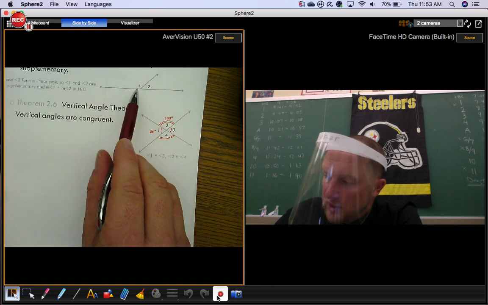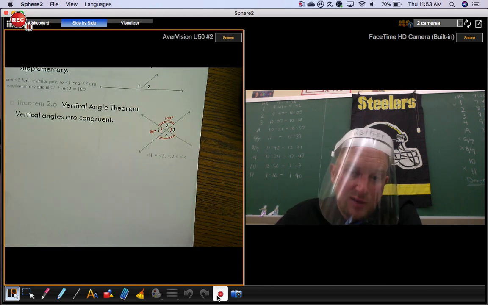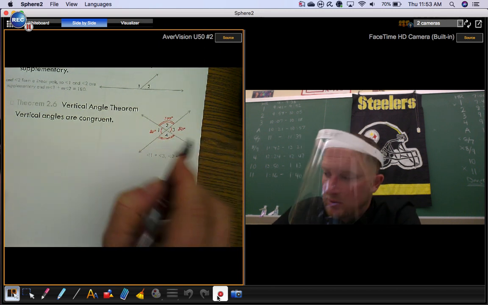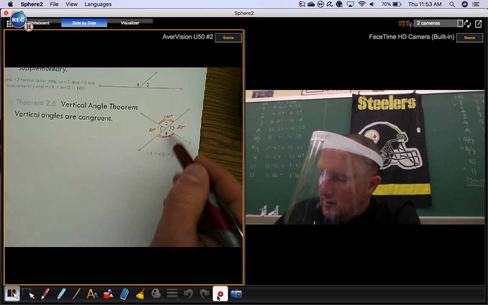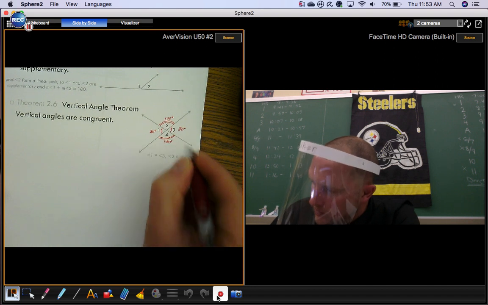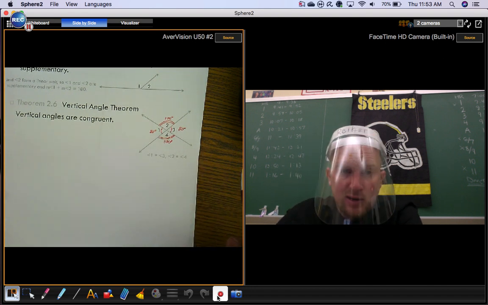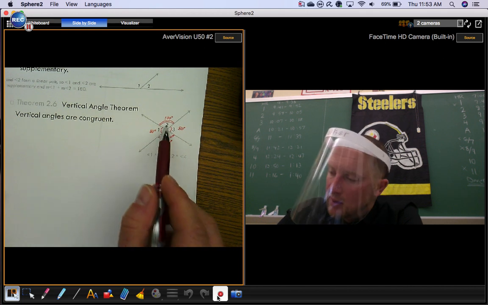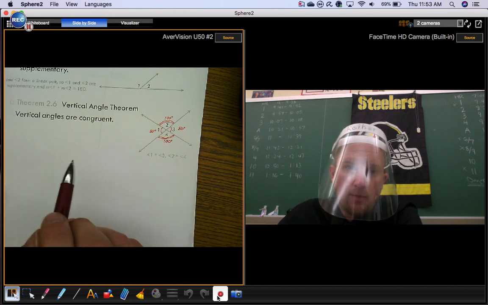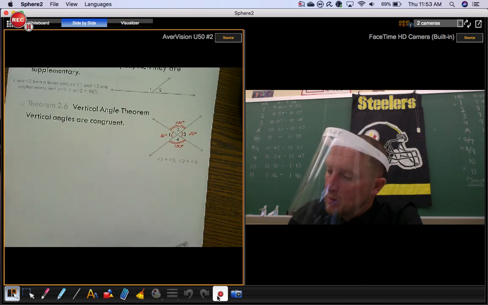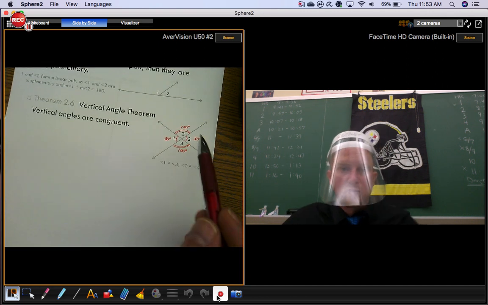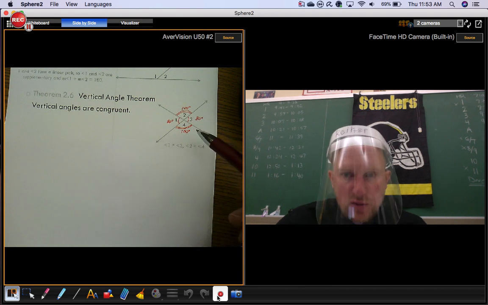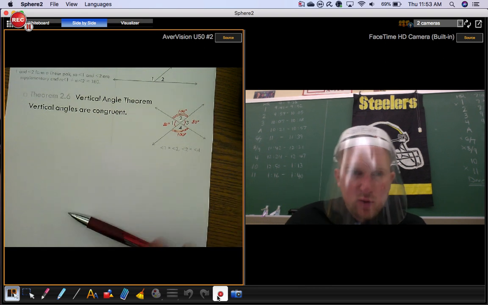Angle 2 and angle 3 also make a linear pair, so you can use that linear pair postulate again. So angle 3 is 80 degrees, because they're supplements. And then same thing here. That makes this one 100. What do you notice about angle 1 and angle 3? They're congruent. What do you notice about angle 2 and angle 4? They're congruent as well. So that's your vertical angle theorem. We walked through this particular case, so now you know it's true. In the next video, we'll prove that it's true.